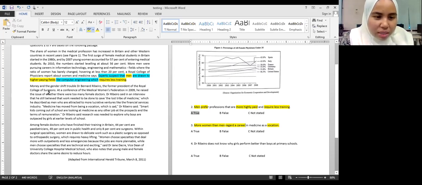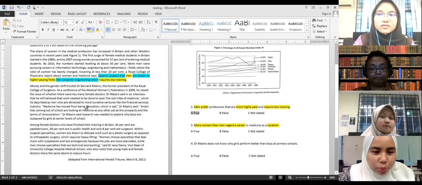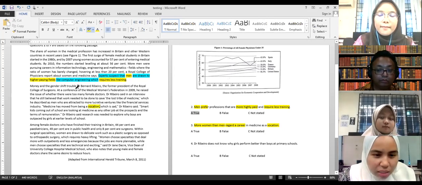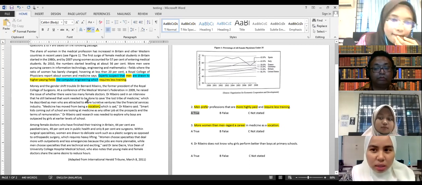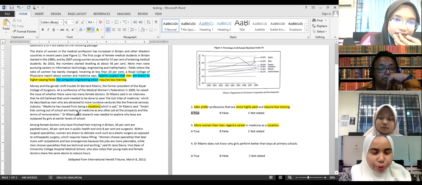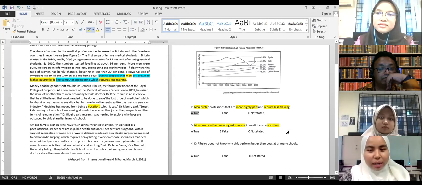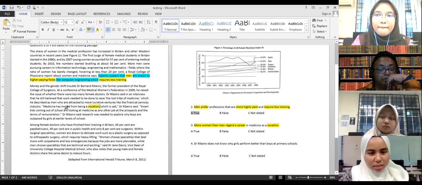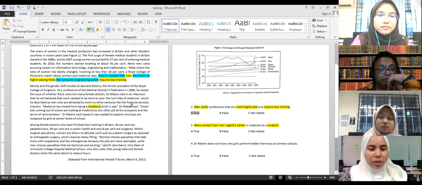If you can see, firstly, what I find is the word vocation here, because the word vocation is only stated here. So I am sure that this question is related to this sentence. It says here that medicine has moved from being a vocation, which is sad, Dr. Ribeiro said.